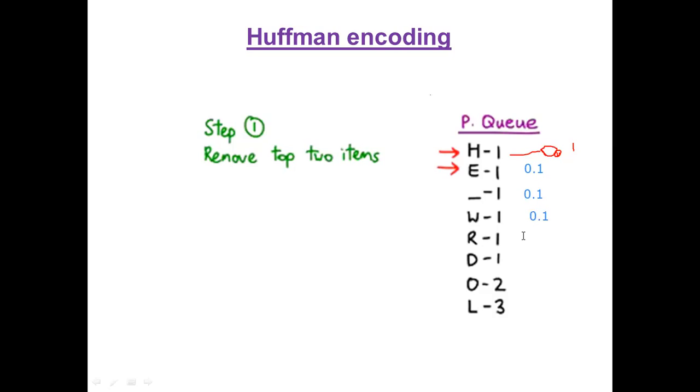This is also 0.1. We'll mark this as 0.1, and this we'll mark as 0.2, and this we'll mark as 0.3, since there are three occurrences, and here also we'll mark 0.1.